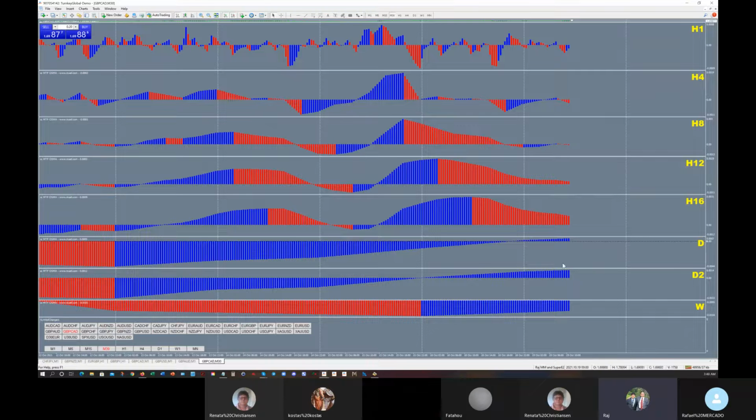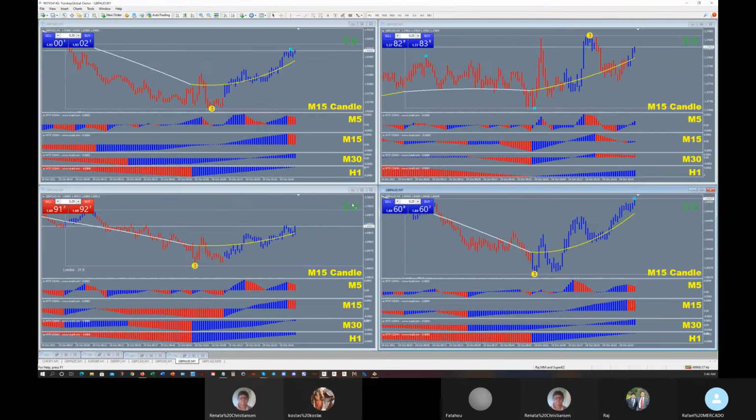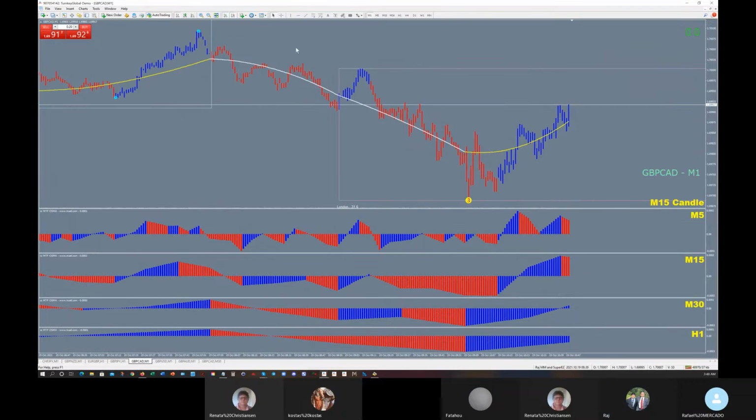So pound CAD is like a mixture, right? The daily and the weekly is long, but the H4 to H16 is short. So it's like a sideways market. So I'm looking at the H1 with the change of, the low of the session. If I do that, low of the session, again, here's my entry.